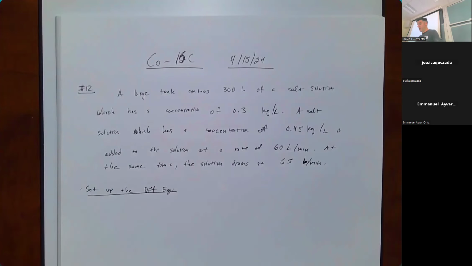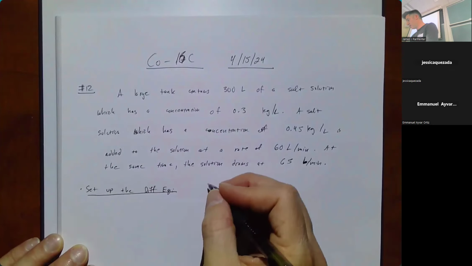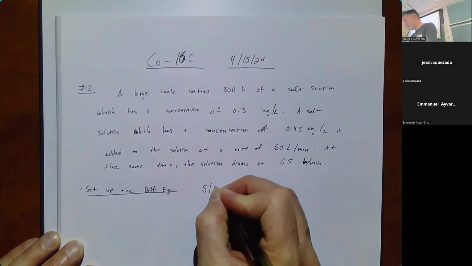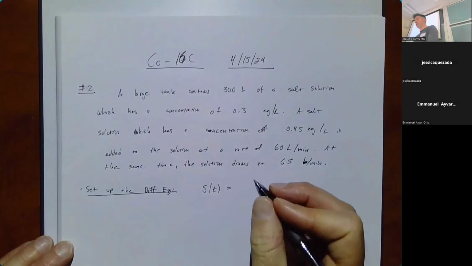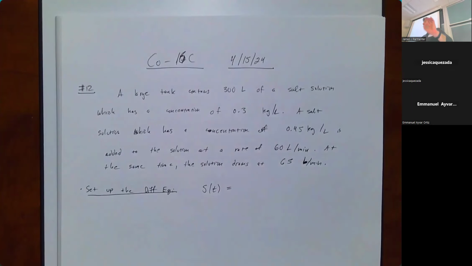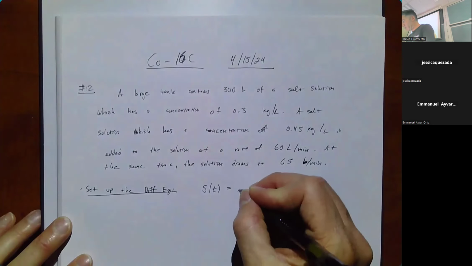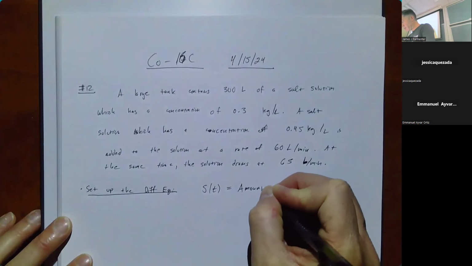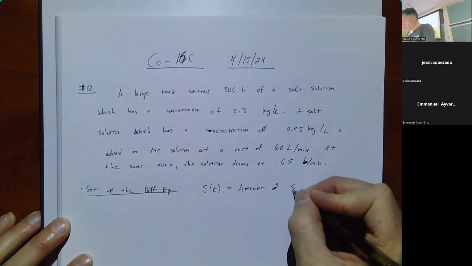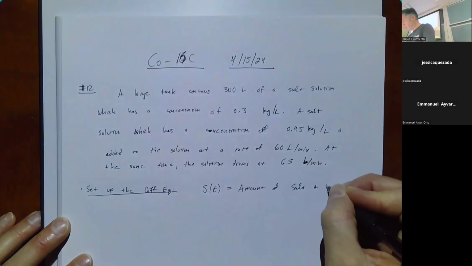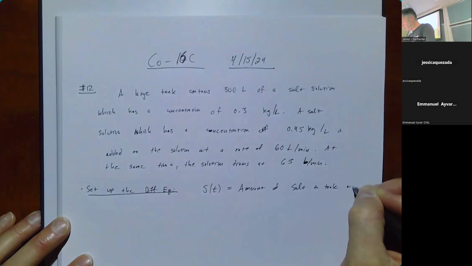A couple of things here. We should note that S of T equals, and this is where it's really important to be aware of what we're talking about, not the concentration, but the amount of salt in the tank at time T.